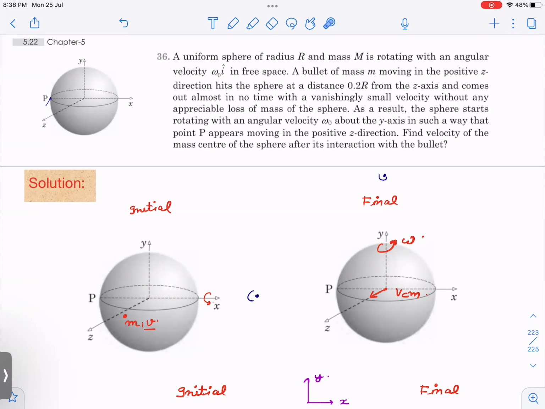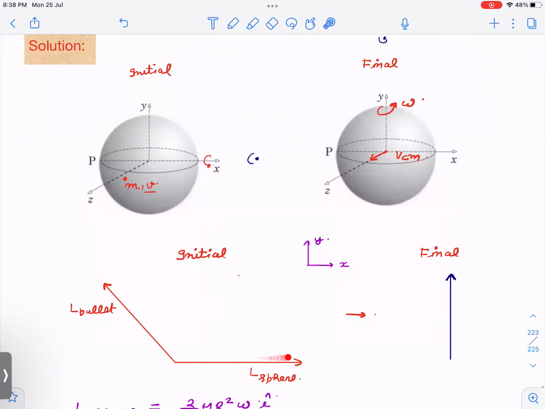The question is basically based on conservation of angular momentum because it is in free space, so there is no external torque acting. If you take the system of the sphere and this particle, then the initial angular momentum is equal to the final angular momentum. So let us draw the diagram and see. The initial angular momentum of the sphere is this, I omega, pure rotation, because omega is in this direction.